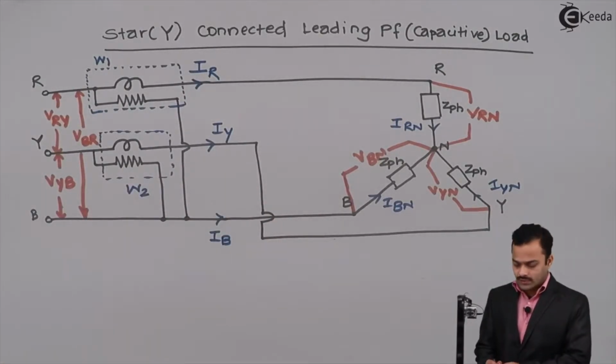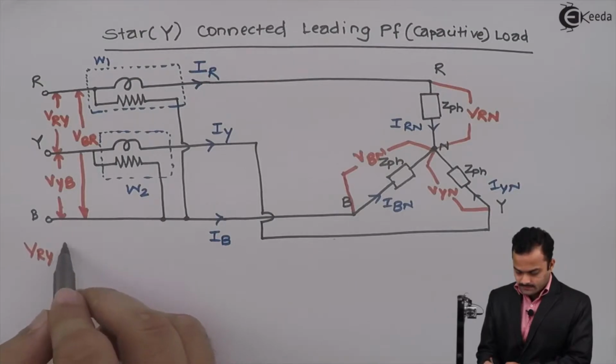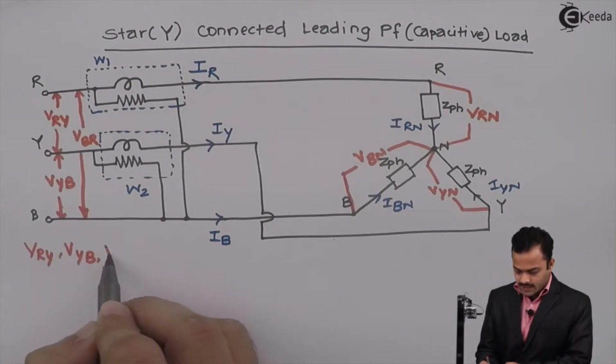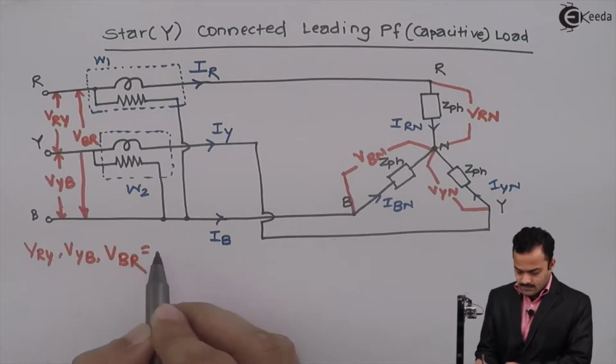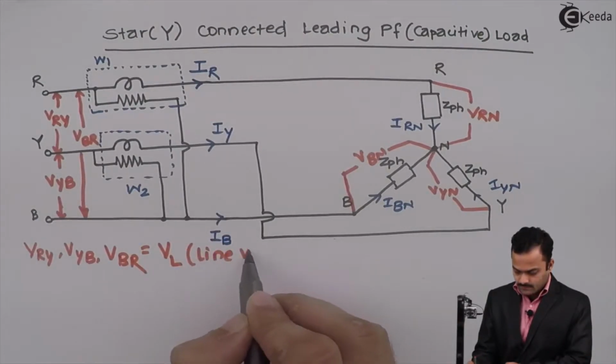Let's list out the things that we have denoted. Here I say VRY, VYB and VBR are nothing but VL, which is line voltage.